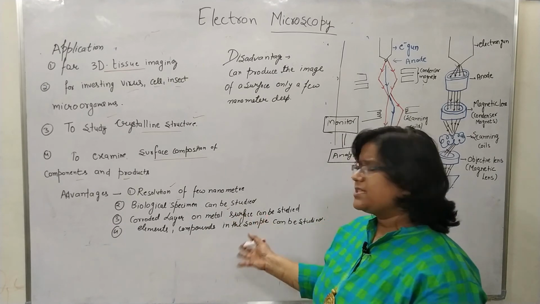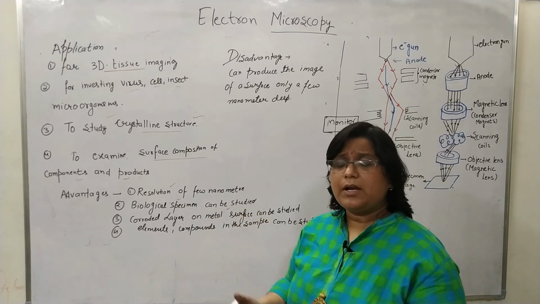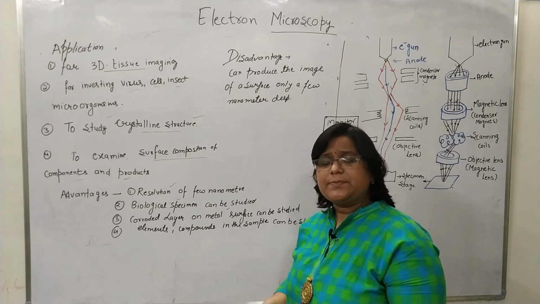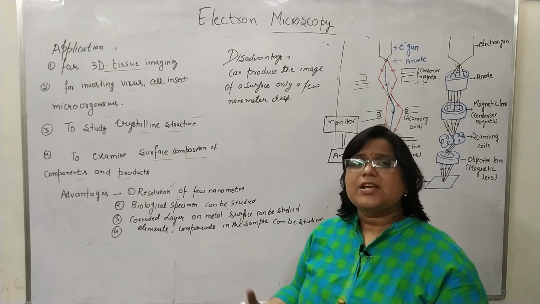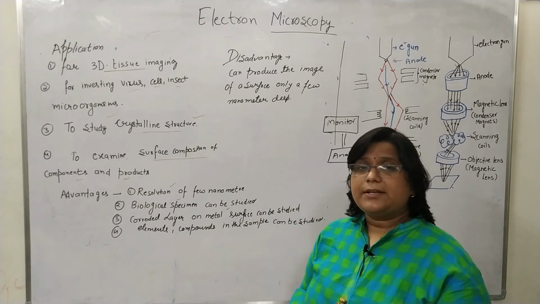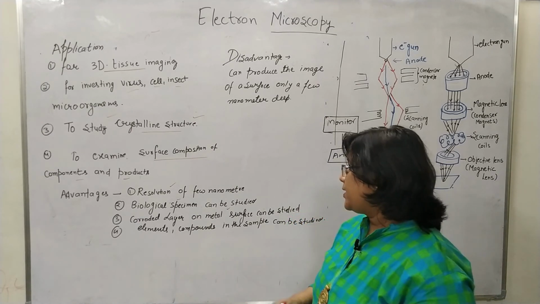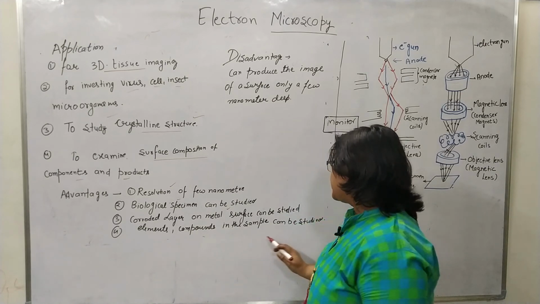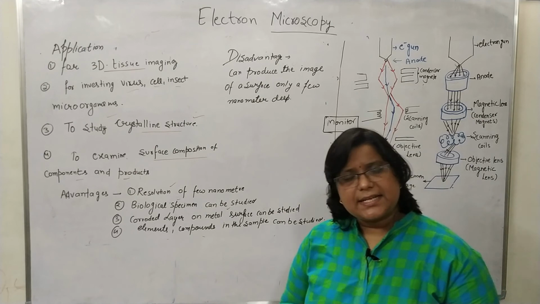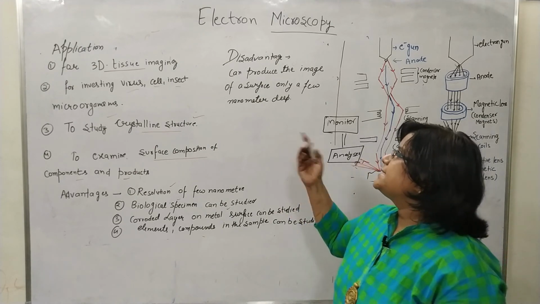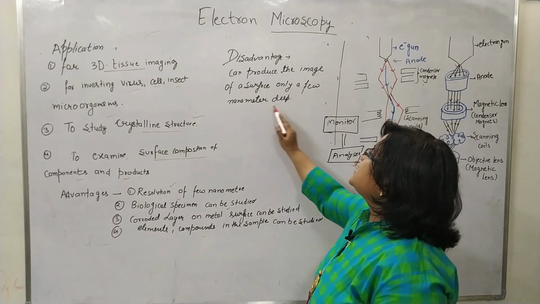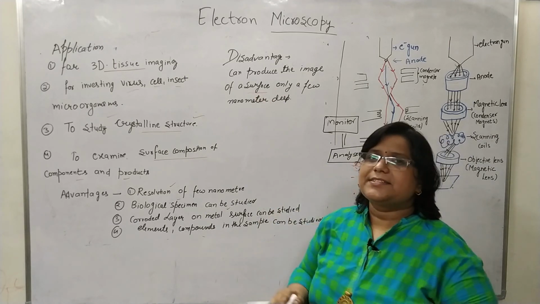If a metal has a corroded surface, we can study which metal is present in the corrosion, or whether another metal or compound is formed on the metal surface. Different elements and compounds present in the sample can be studied with the help of X-ray detectors. But it has some disadvantages. The main disadvantage is that it can scan only the surface.